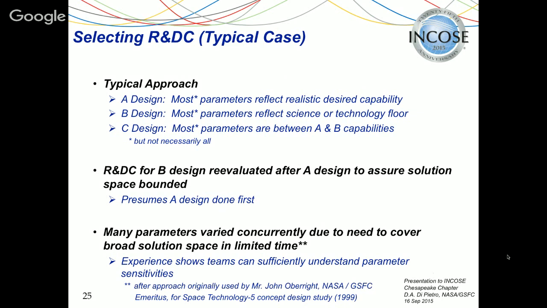So it's a fair question to ask, how can you understand the sensitivities of one parameter to another when you're changing so many at the same time? The good news is the experience at Goddard shows that teams can sufficiently, not perfectly, but sufficiently understand the parameter sensitivities in this type of trade study process. That's something I didn't believe the first time we went through it, but historically it's turned out to work well.